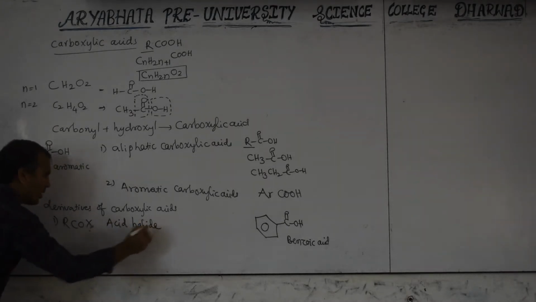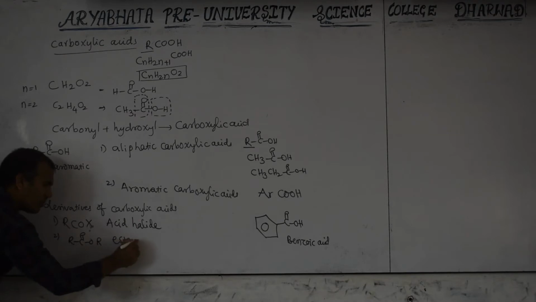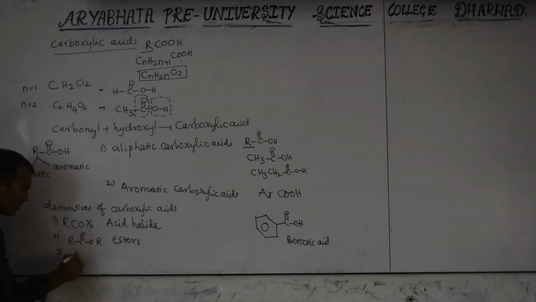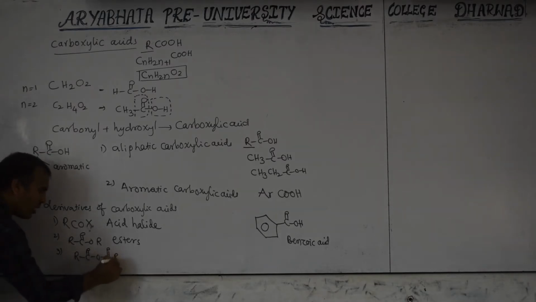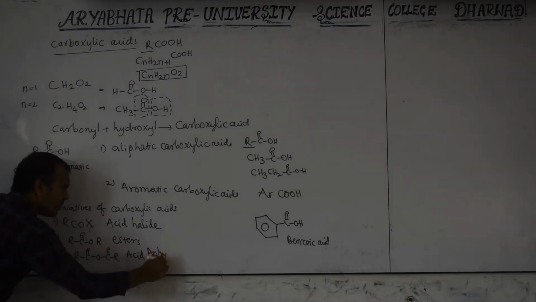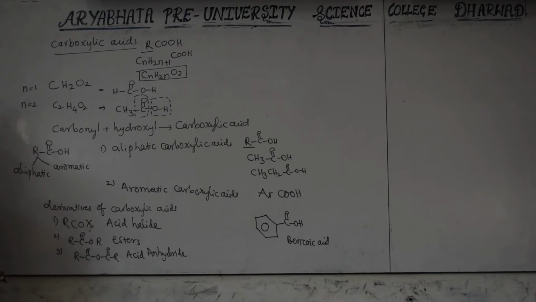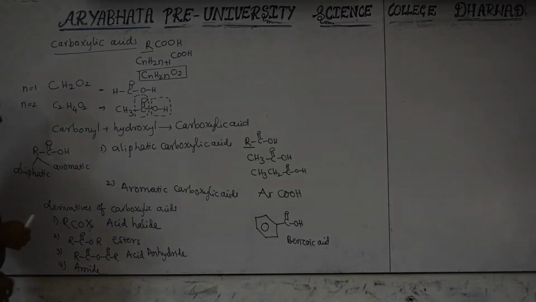The second one is R C double bond OR, called esters. The third one is R C double bond O C double bond OR, called acid anhydrides. Anhydride means what? Water molecule loss. The fourth one is amide. Like this, so many derivatives are there.